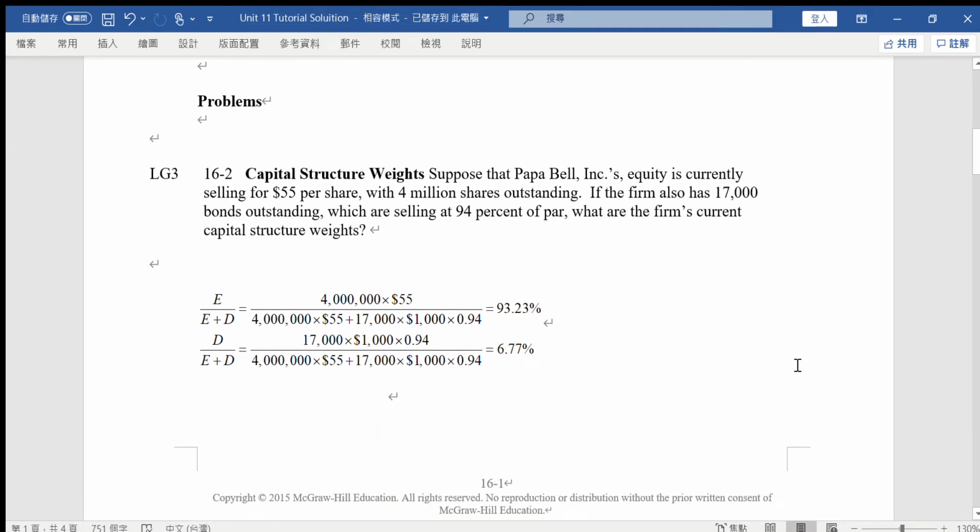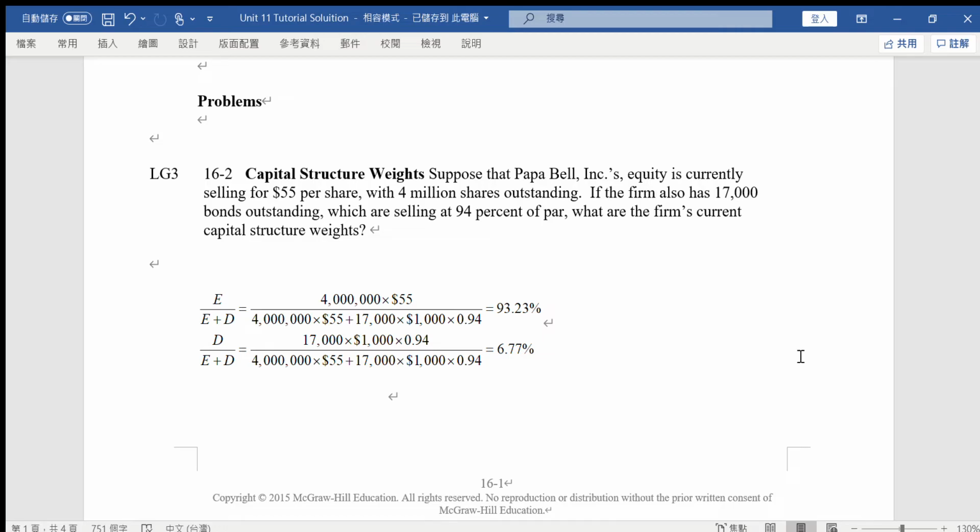Third question. Suppose Papa Bell Industrial Equities is currently sold at $55 per share, with 4 million shares outstanding. If the firm also has 17,000 bonds outstanding, which are selling at 94% of par, what is the firm's current capital structure weight?